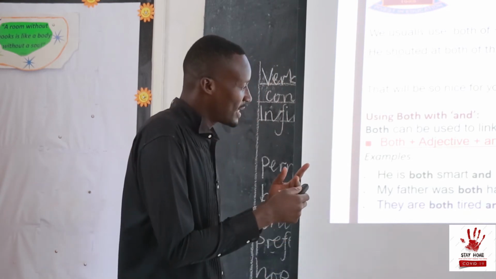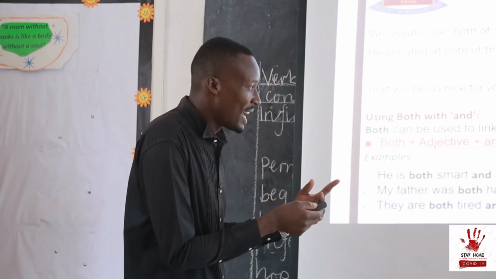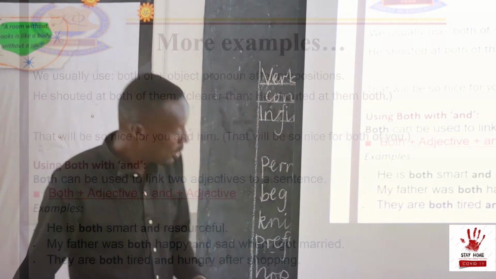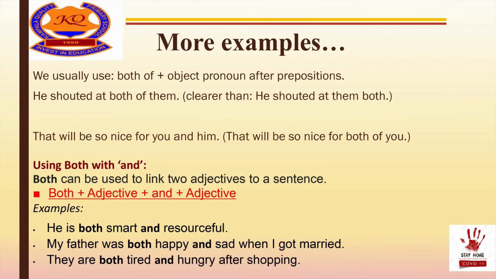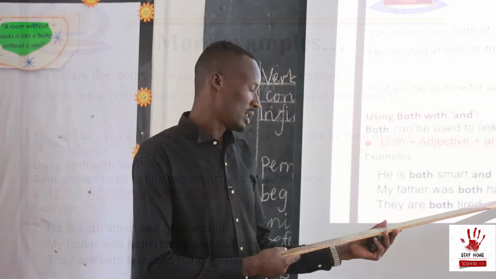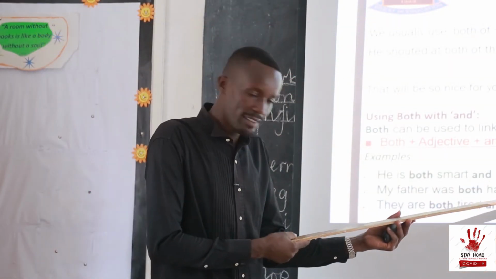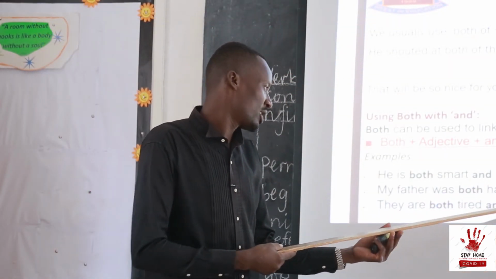My father was both happy and sad when I got married. What are we looking at? Both with an adjective and another adjective. So when we are using both this way, we use it with a correlative and. Okay? Because we have the second thing to talk about, the second adjective to talk about.